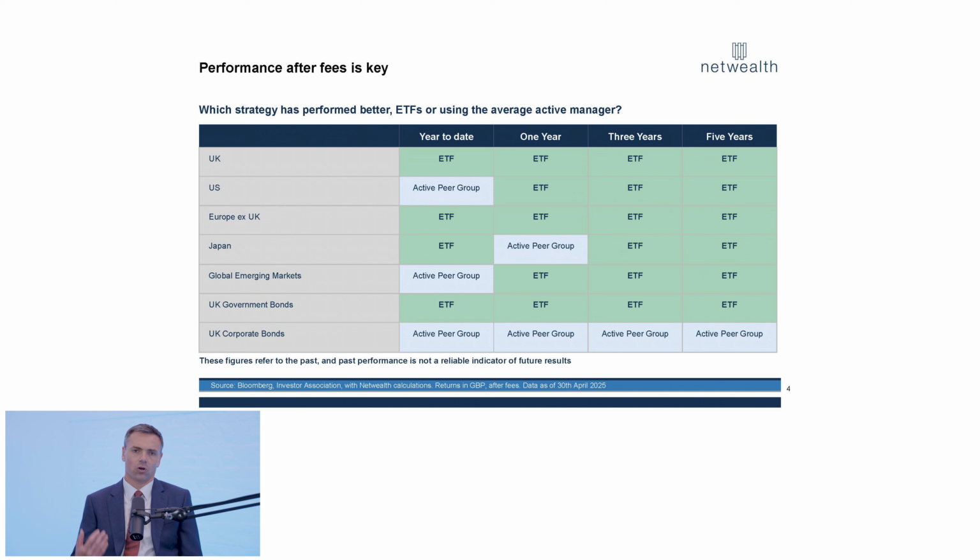So the odds are dramatically stacked in your favor to take a passive approach. And we think that's really key. It goes beyond just saving on fees. It speaks to the difficulty of different active managers changing their processes to adapt to different environments. And we find it's easier to align this way.